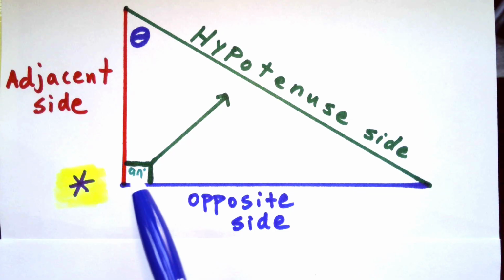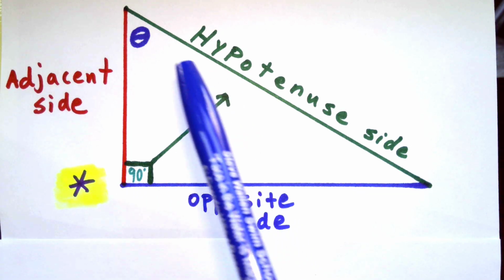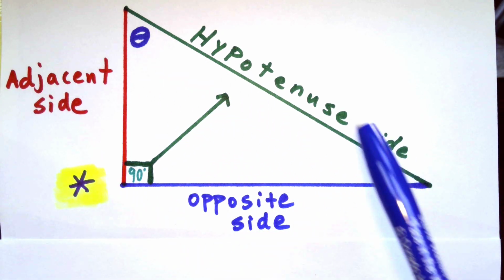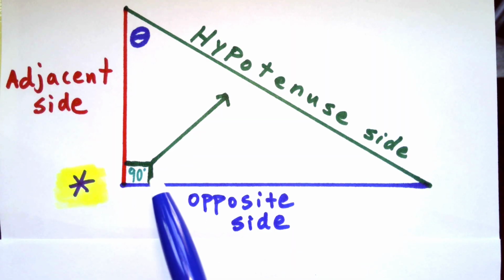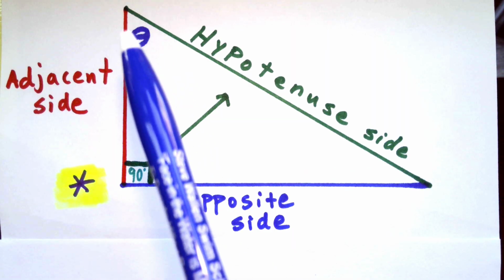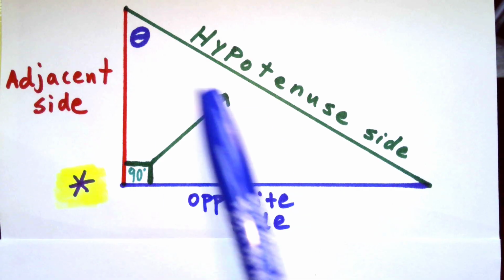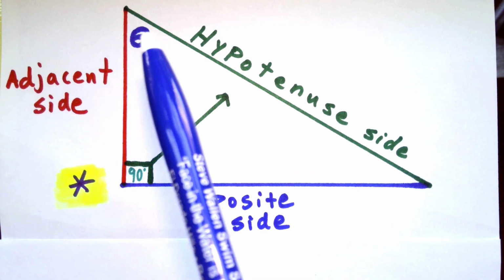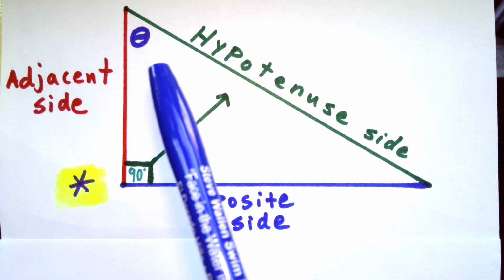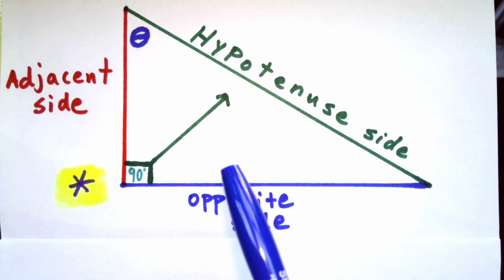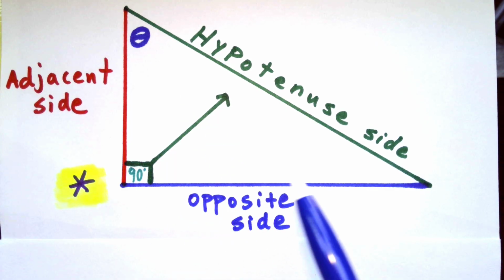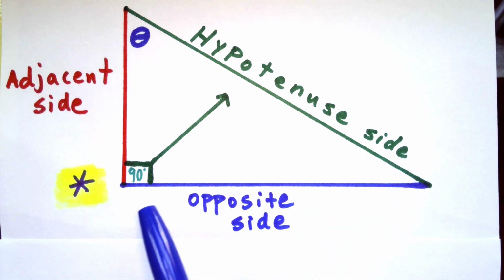The easiest length to find is that H, the hypotenuse. It's always opposite that 90-degree angle. Now, what leg of this triangle is directly opposite from that theta or the angle shown? I'm showing you that here in blue. This is the opposite length of the side of a triangle.